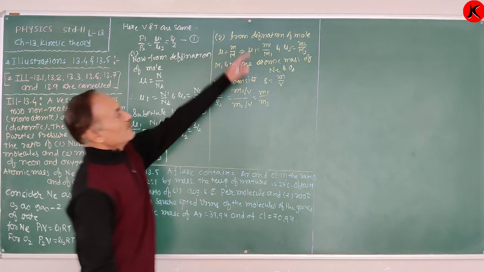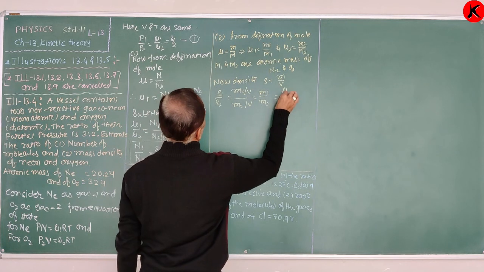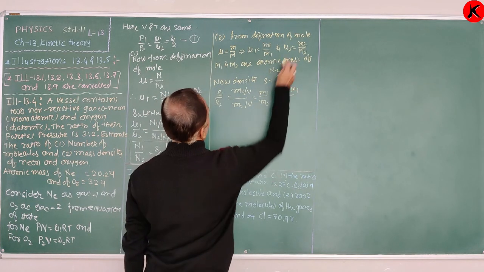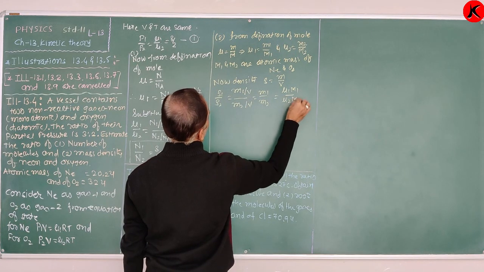Now listen, from this equation, what is the value of small m1? Small m1 is equal to mu1 capital M1, and small m2 is mu2 capital M2.